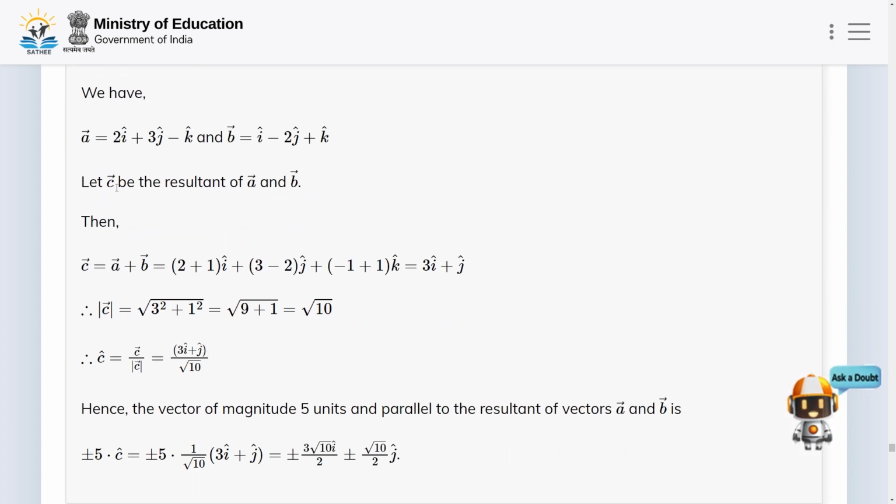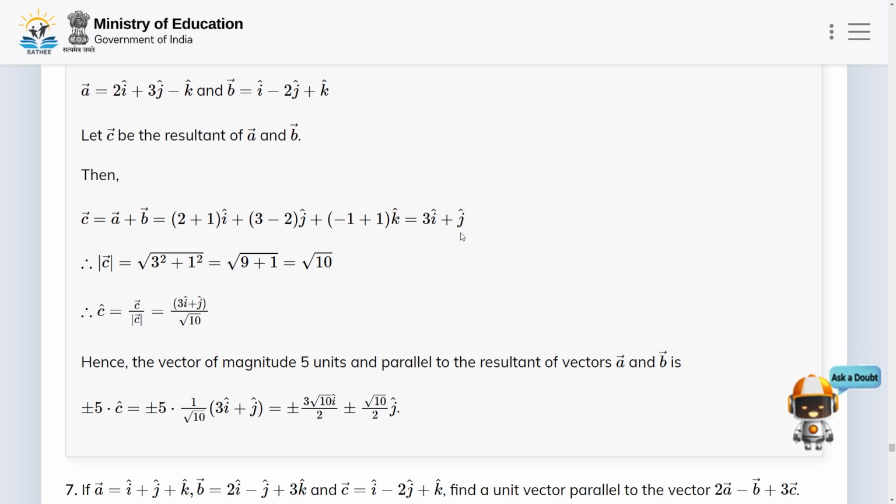The resultant vector will be c, and resultant means the addition, so c vector will be a plus b. The resultant vector will be 3i hat plus j hat, so its magnitude will be root 10. The unit vector will be c divided by its magnitude.